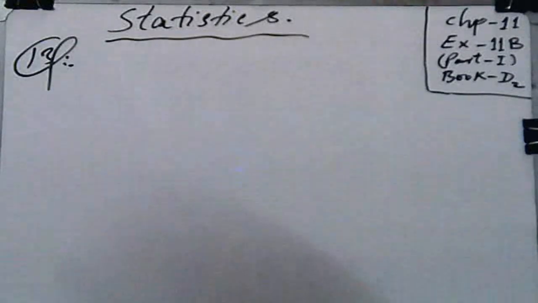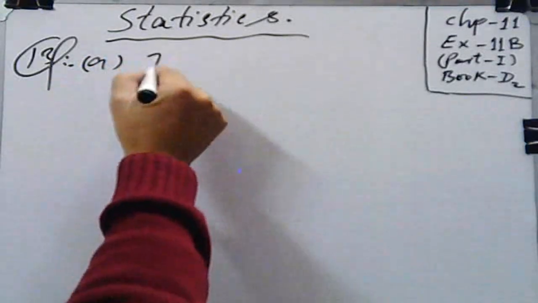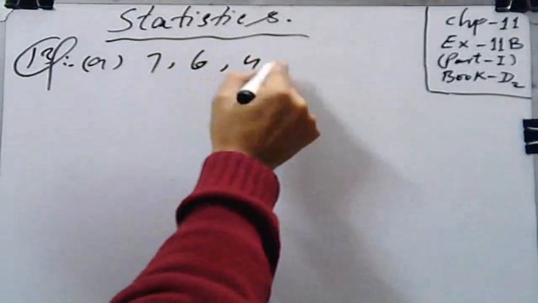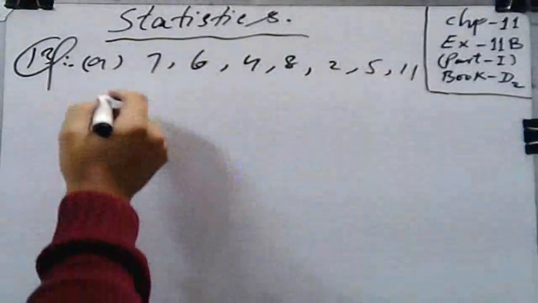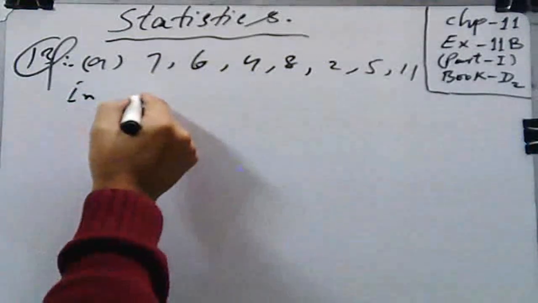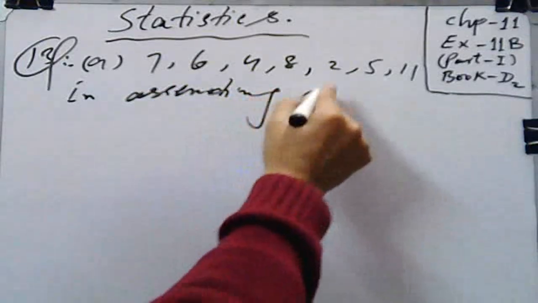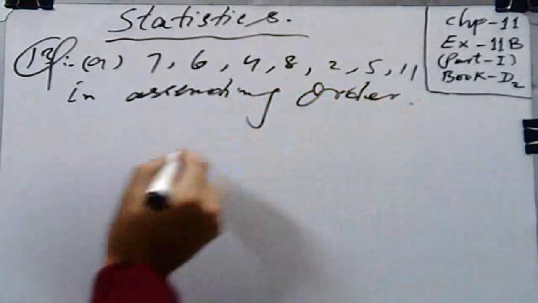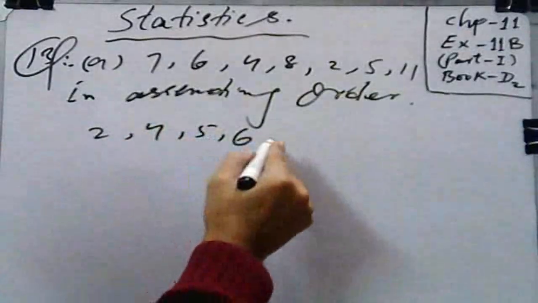Very simple. In part a, the given data is 7, 6, 4, 8, 2, 5, 11. We have to write it in ascending order, that is 2, 4, 5, 6, 7, 8 and 11.